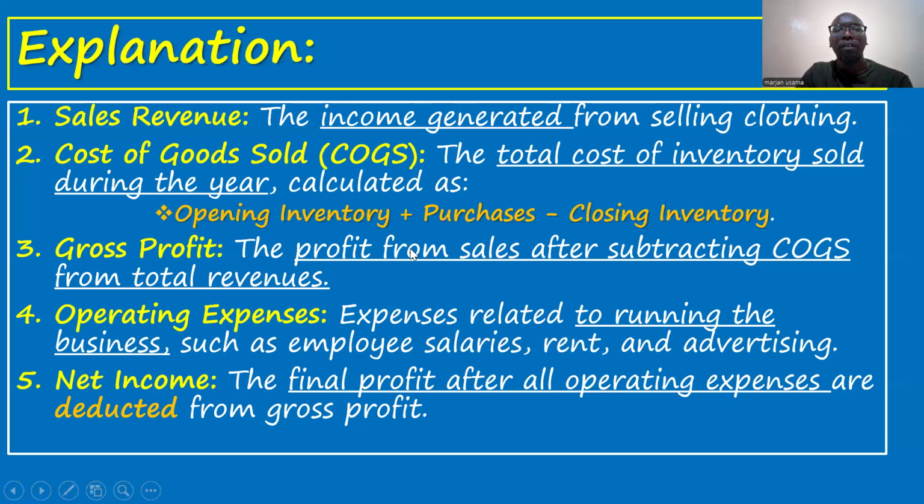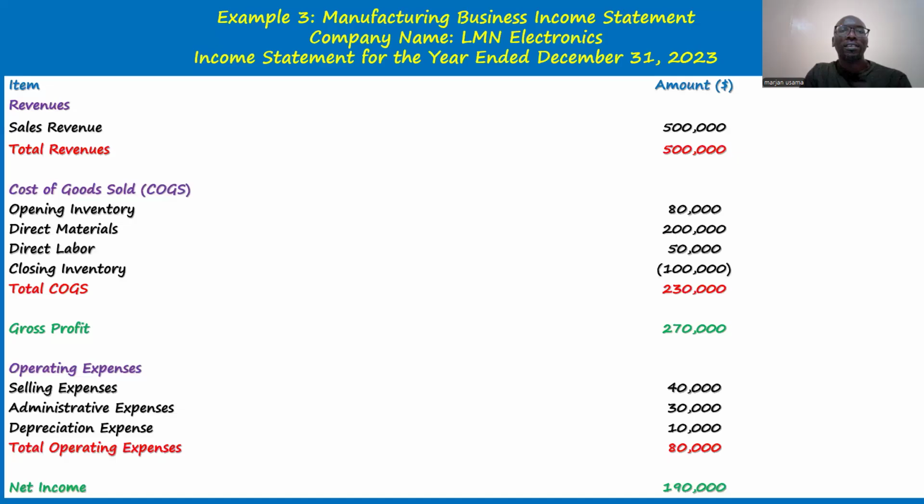Gross profit is the profit from sales after subtracting the cost of goods sold from total revenues. Operating expenses are related to running the business, such as employee salary, rent, and advertising. Lastly, net income is the final profit after all operating expenses are deducted.